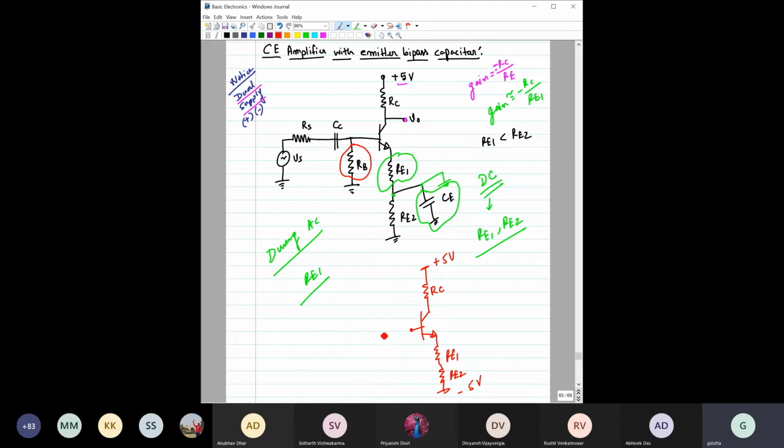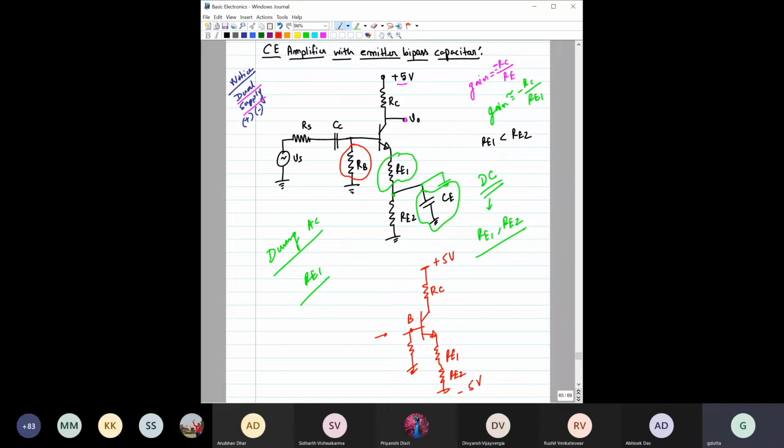So this base terminal is basically a floating terminal if RB is not there. So that way this transistor cannot operate, so you need one.